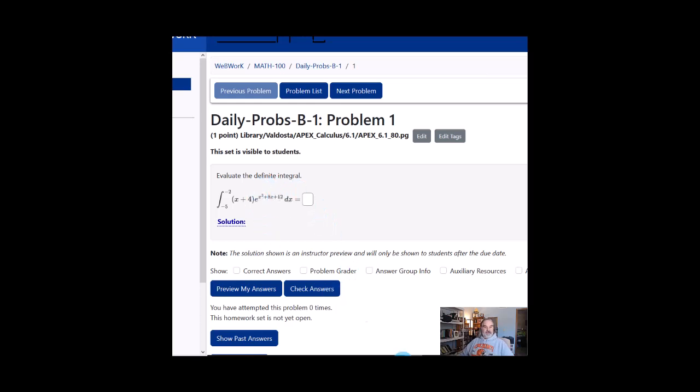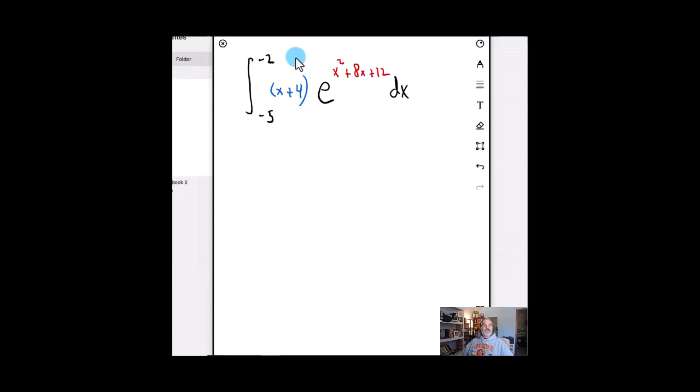Now, when you look at this, I've highlighted the x squared plus 8x plus 12 in red. That function's derivative is 2x plus 8. Now, for the other stuff in the integral, I don't see a 2x plus 8, but I do see an x plus 4, which is half of 2x plus 8.